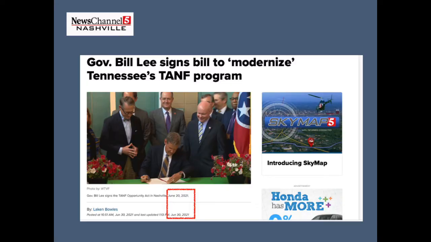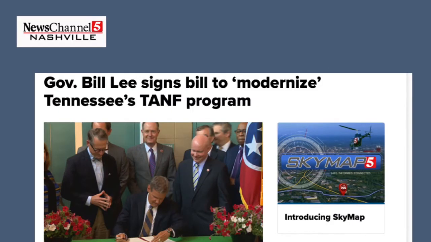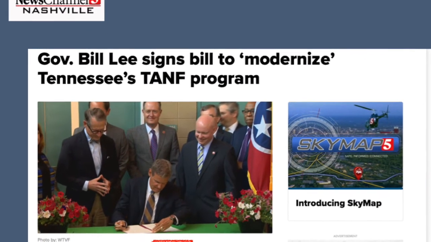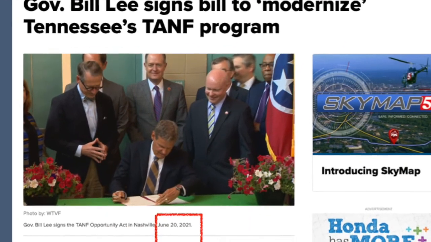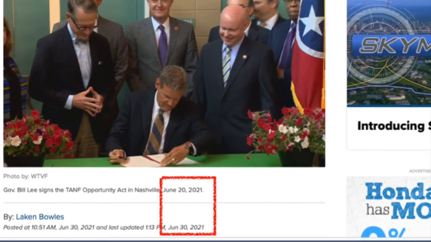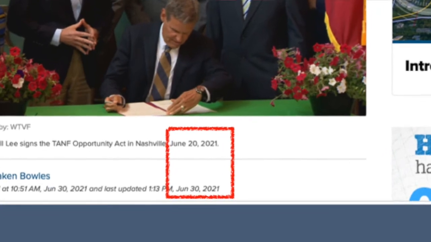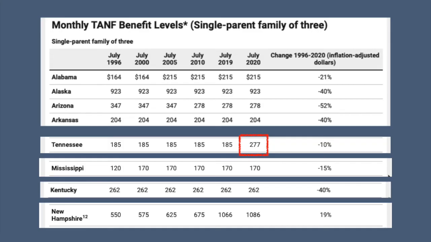So if we look at the news reports that were out there, like this one from News Channel 5, talking about Governor Lee signing this to modernize Tennessee's TANF program, and noticing that was in June of 2021, we'll go back and revisit the fact that in July 2020, Tennessee's TANF amount for a family of 3 was $277.